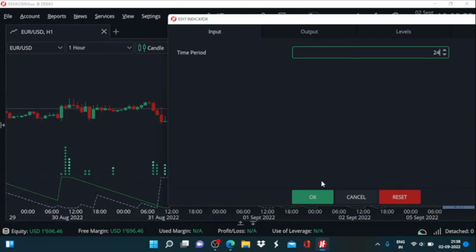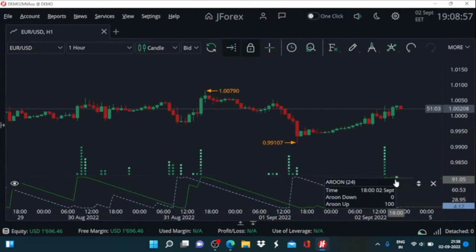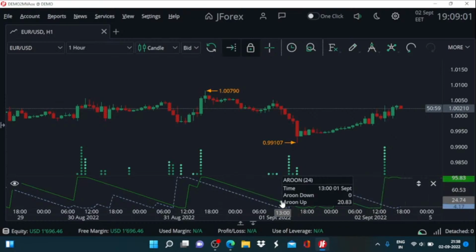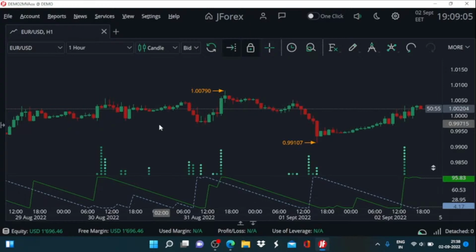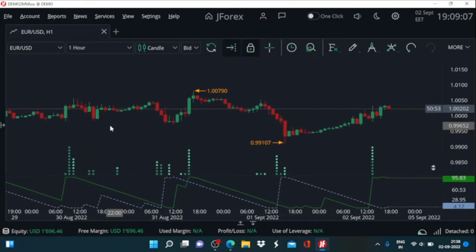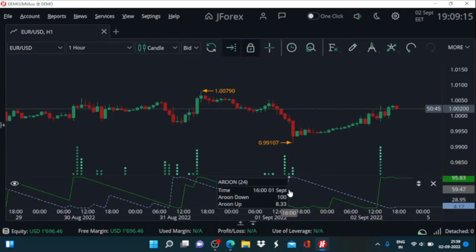Then the price data of the last 24 hours will be used for determining the output values. All right, so here we have these indicator values, Aroon up and Aroon down, now showing these crossovers after a fairly long time, as we have used the data of the last 24 hours.